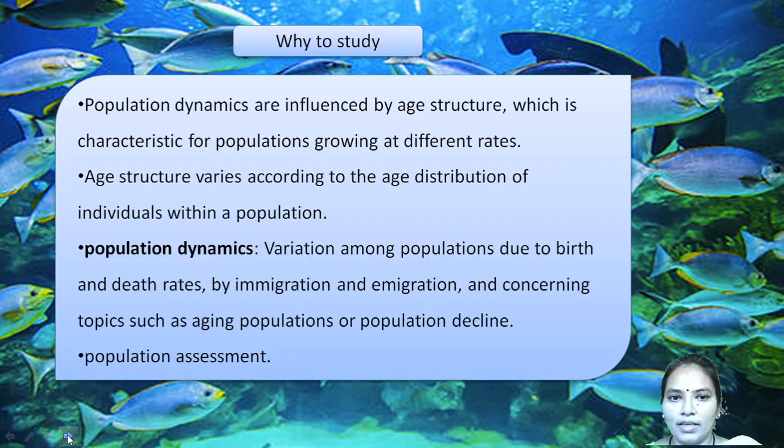So we can see that the age structure is different for different people in a population. The population dynamics show variation among populations due to birth rates, death rates, emigration and immigration, and concerning topics such as aging population or population decline. It is very helpful for the purpose of population assessment.